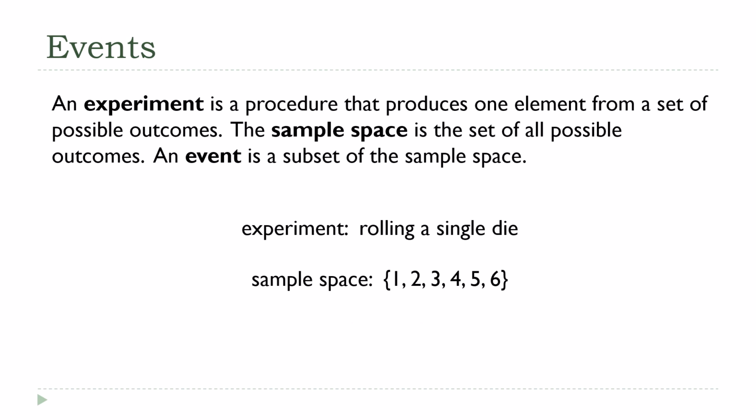So some examples of events would be these three sets here. And if I wanted to describe these in English, I would say the first one is you roll a 1, the second is you roll a 2, and the third would be you roll an odd number. Right, so it's possible for our events to be not just individual outcomes. They can be groups of outcomes.